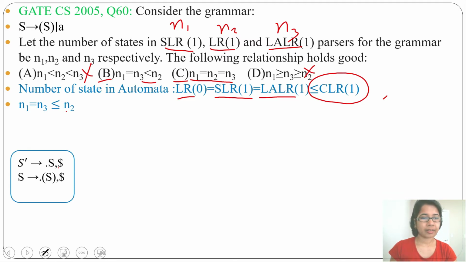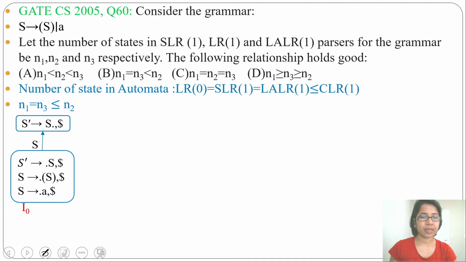Then there is another S production, S derives dot a, lookahead dollar. We'll assign this state the name I0. Now from I0 by S it will go to another state where the LR1 item will be S' derives S dot, lookahead dollar, and we'll assign state name I1.